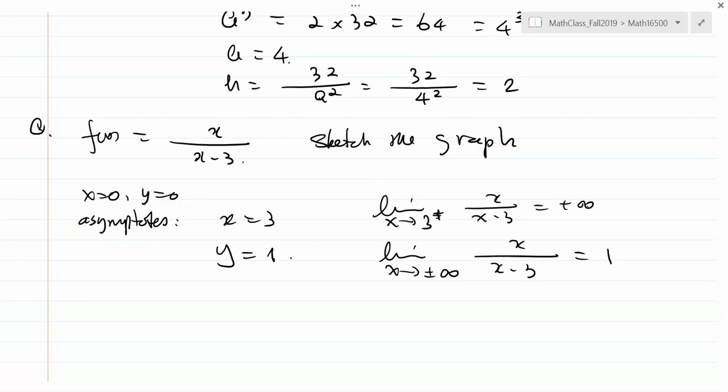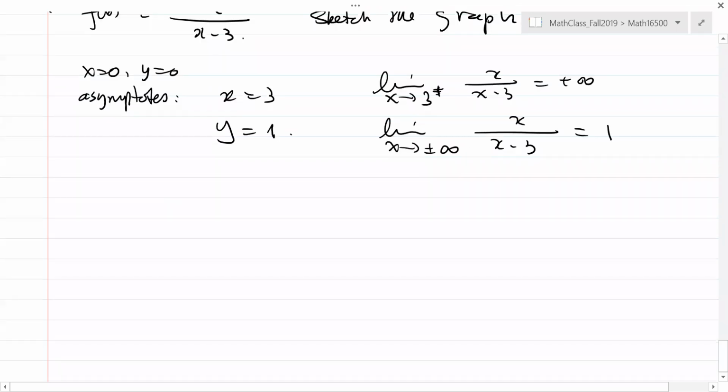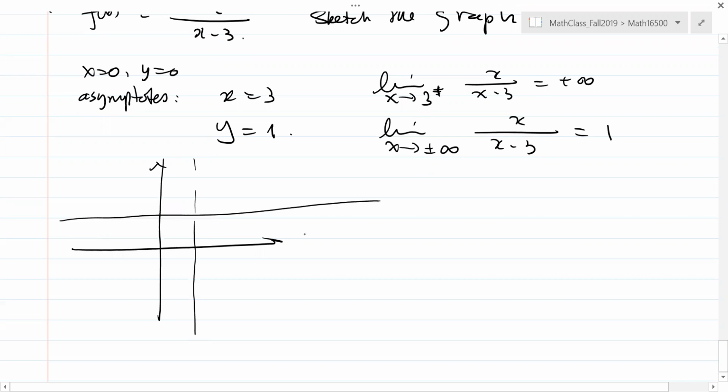All right. How do you sketch? I don't want to find the derivative right now, but I can sketch the graph. And when y equals 1, this is the horizontal asymptote.